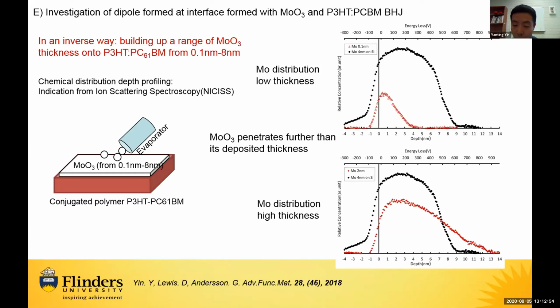And if you put 2 nanometers of moly, the moly penetrates even more. At least you can find 10 nanometers of molybdenum oxide particles penetrating into the polymer heterojunction. So this gives us critical information: moly is really mixing with BHG when you put molybdenum oxide on the surface.